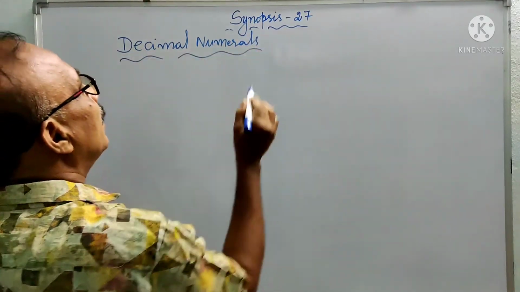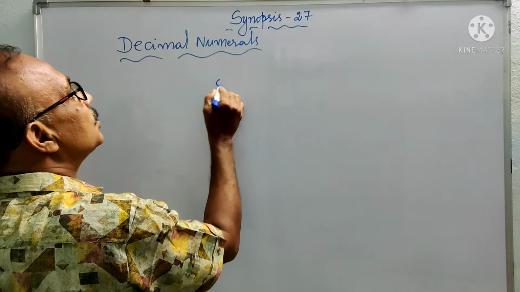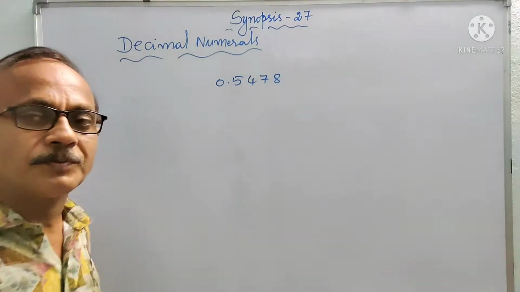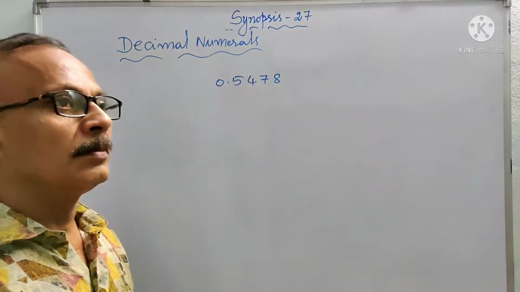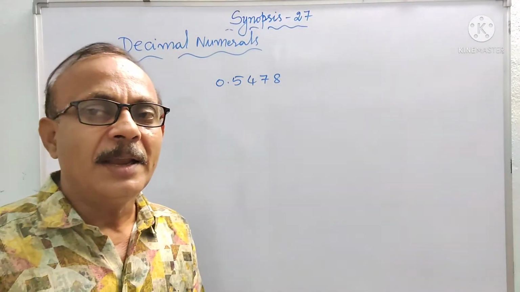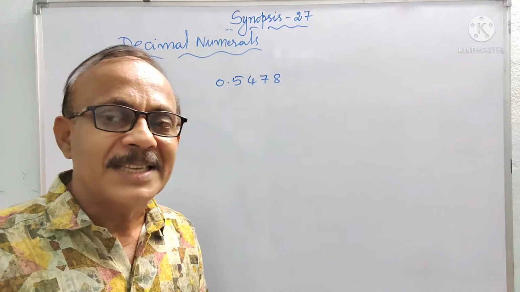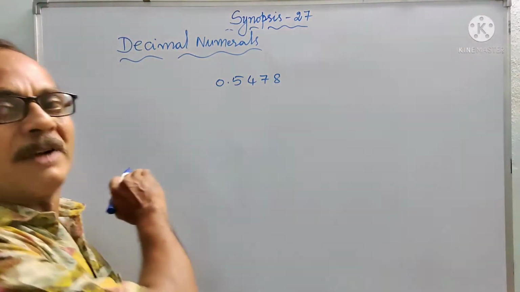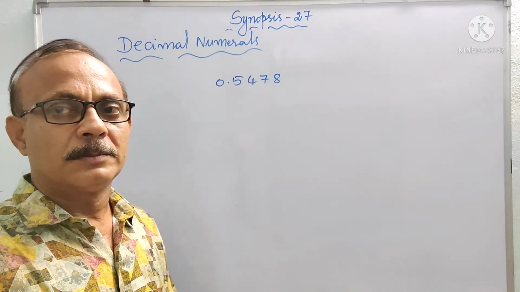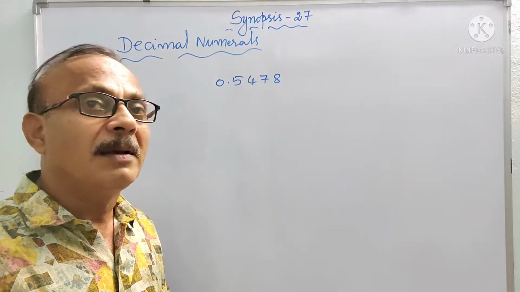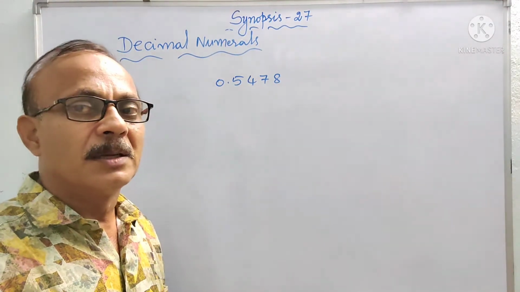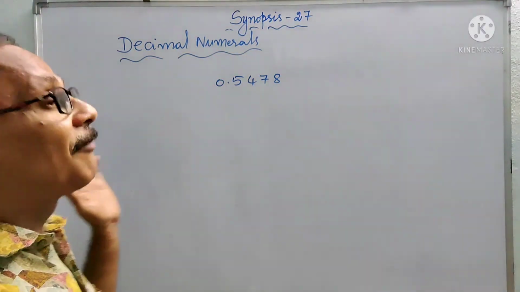If you take 0.5478, generally we count places in whole numbers from right to left. But while saying the place values in decimals, we say it from left to right.